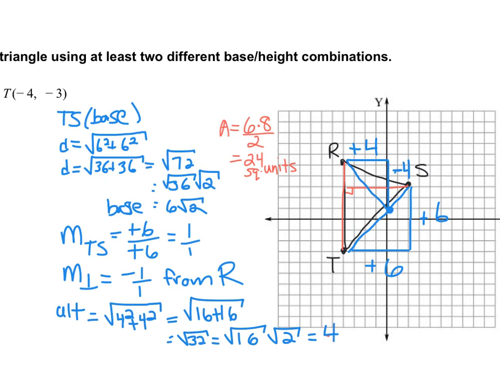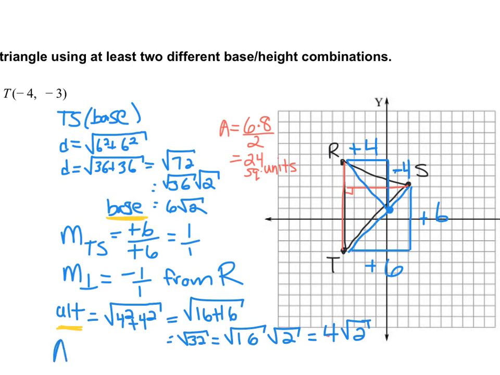And so I have 4 radical 2 for that altitude's length. So we're going to take that altitude and we're going to take the base, and we're going to multiply those together and confirm that we get the same area as before.